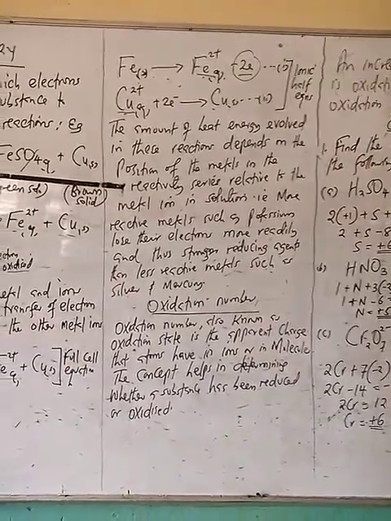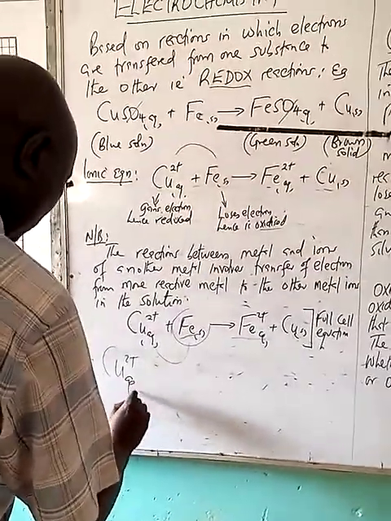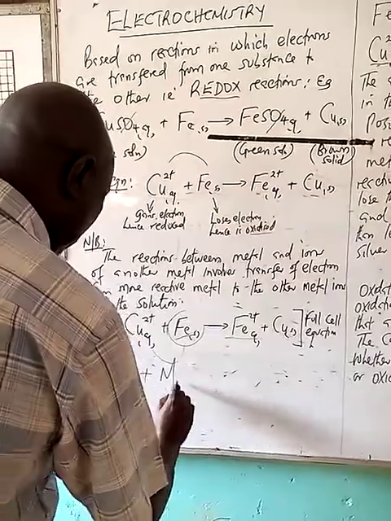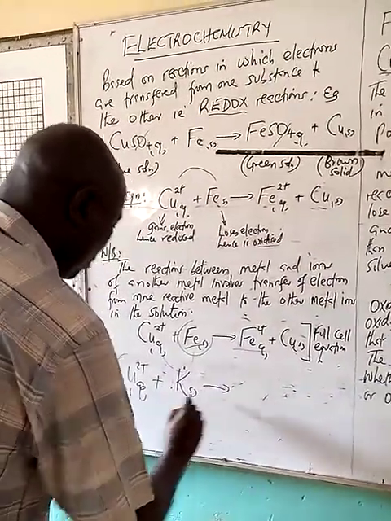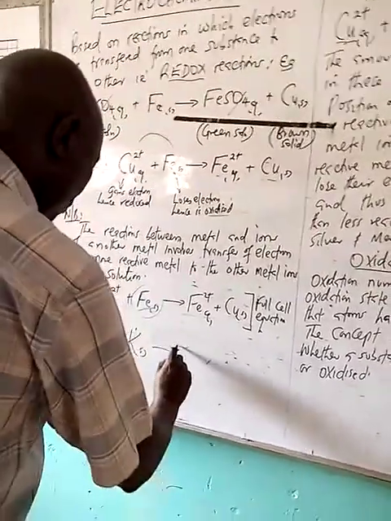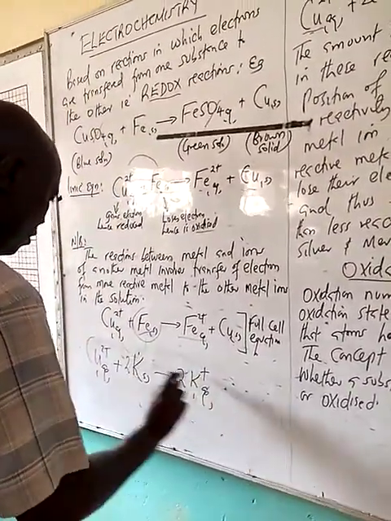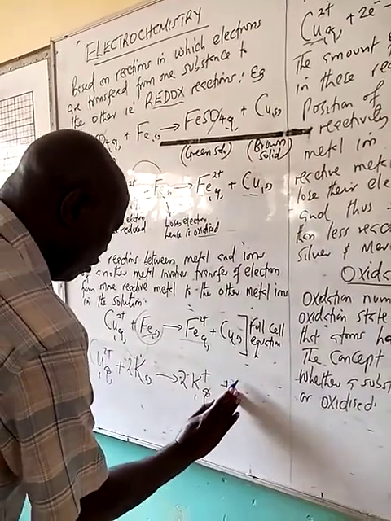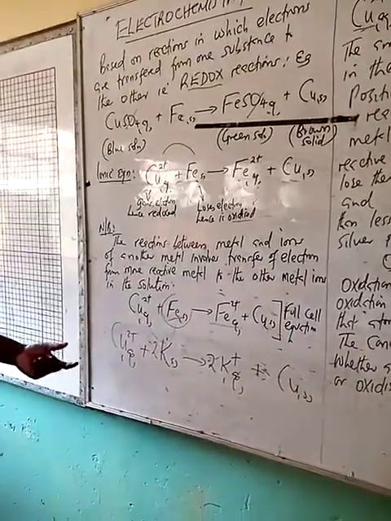What we are saying is that if copper(II) ion is reacting with potassium, we are going to get potassium ion plus copper. This is also a full cell equation.